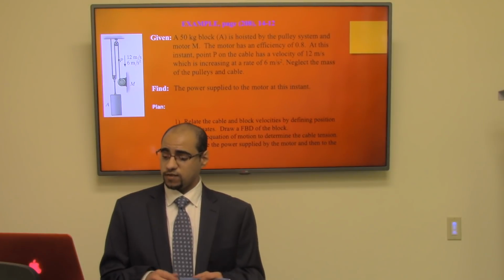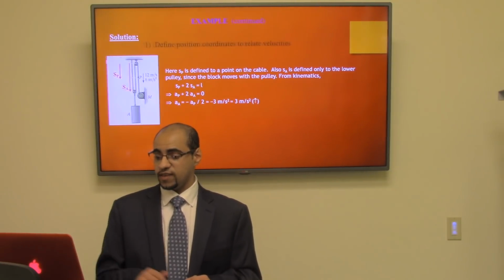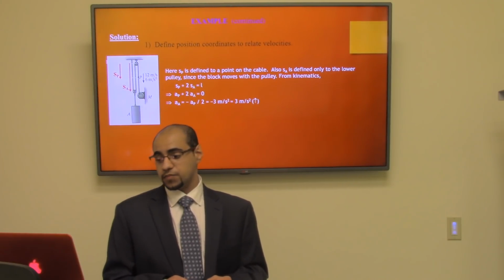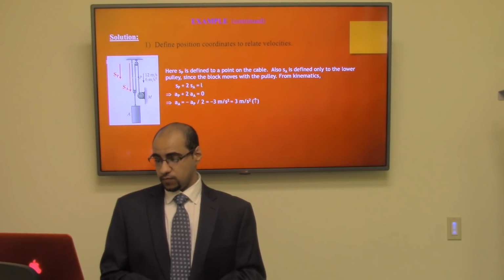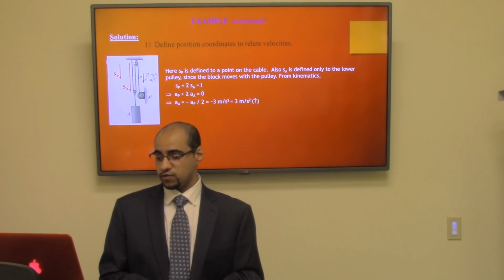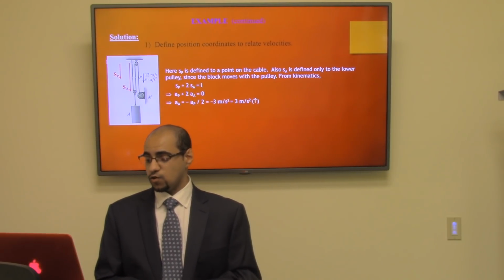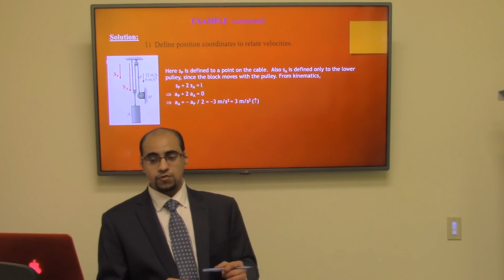Third, we can do the calculations. As we see here, first we draw the free body diagram. Here, S P is defined to point P on the cable. Also S A is defined only to the lower pulley, since the block moves with the pulley.